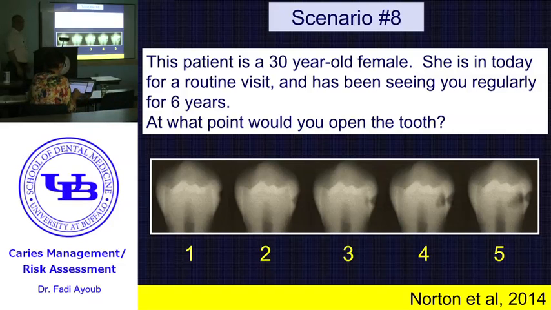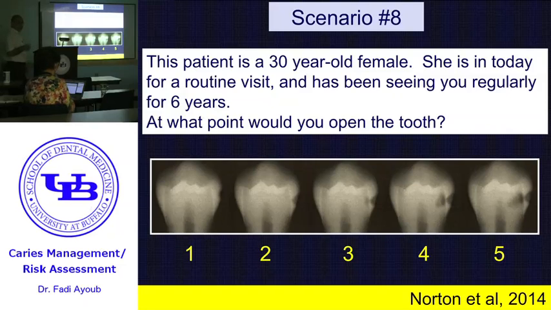You have a history, and possibly a history from where the patient had been before. I think your radiographic history is a very important aspect of determining what you're going to do and when you're going to do it. Right, but she's coming in today and you've seen her routinely for 6 years, so you know her history.